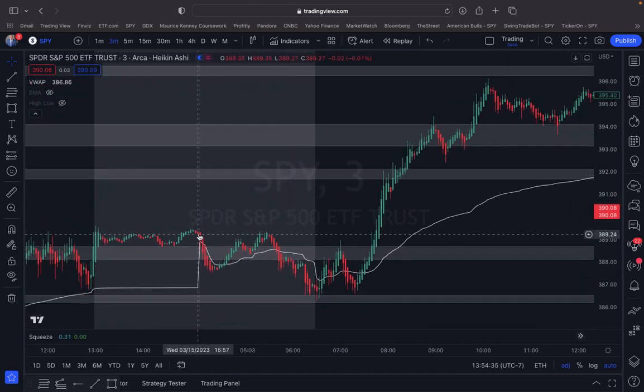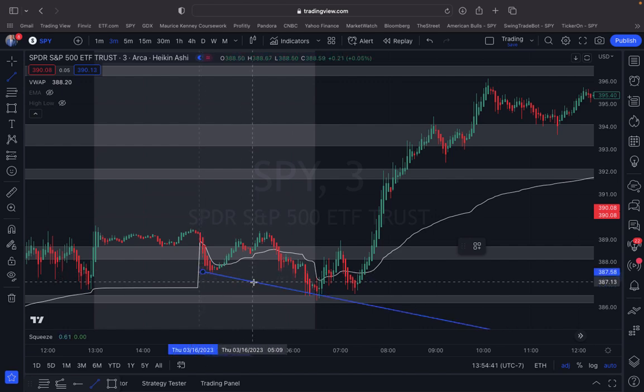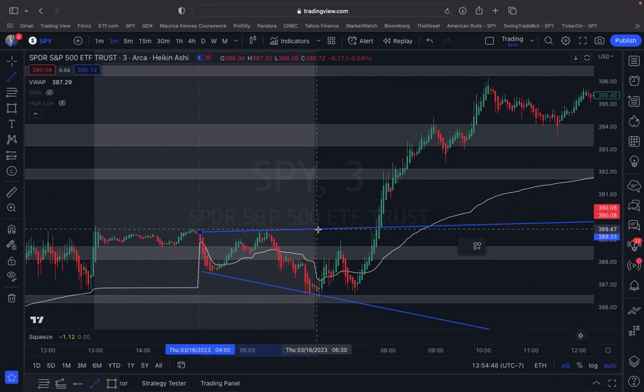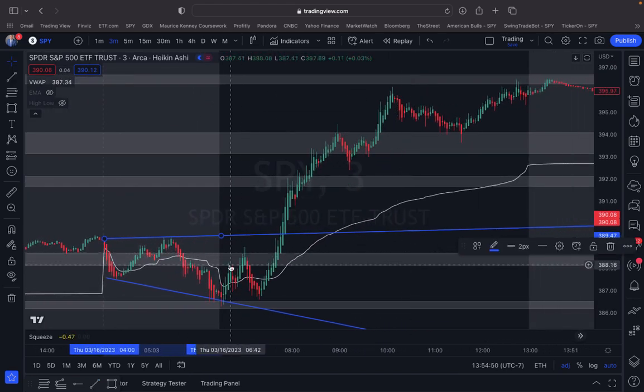The previous session, same sort of thing. You could take your little lines there and say, okay, well, this day, we obviously couldn't predict where the market was going to go. You're never going to be able to predict with absolute certainty, but you can see as it bounced back up, once it left this level, you had already marked pre-market highs.